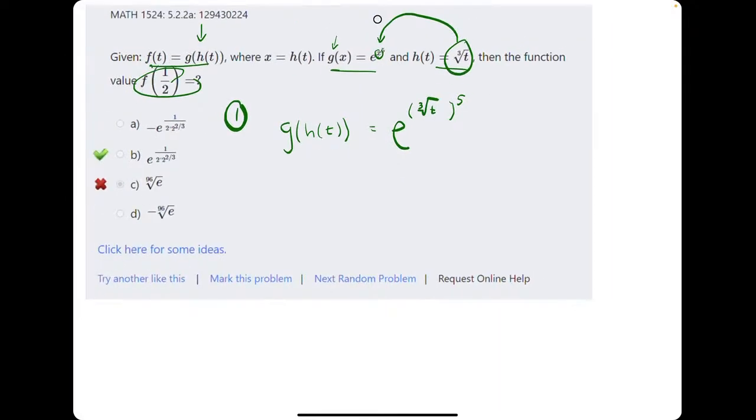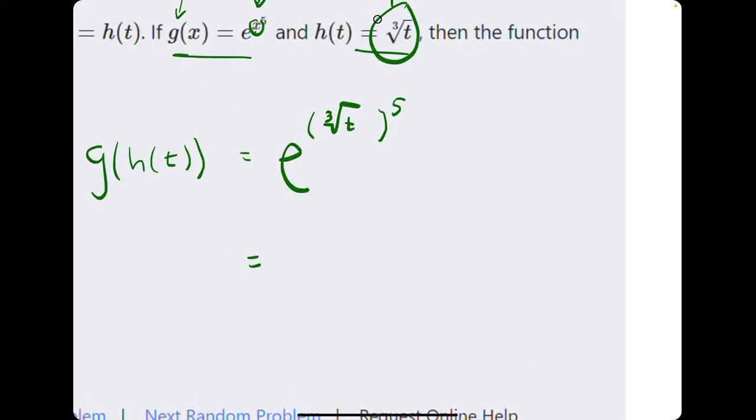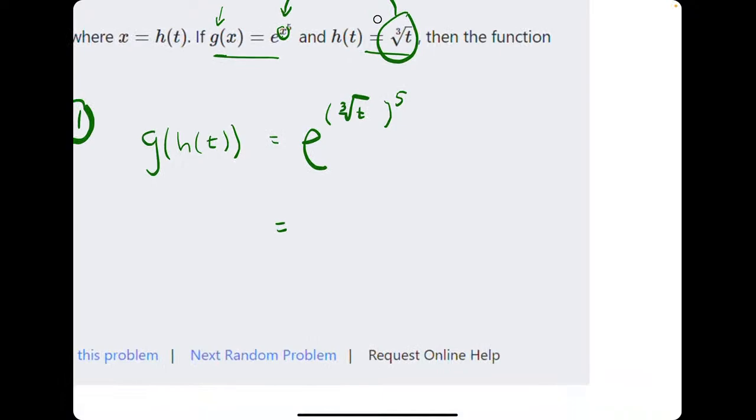So kind of a similar situation, I would recommend going ahead and rewriting that exponent. The cube root would be T to the 1/3, and then all of that is being raised to the 5th. So then 1/3 times 5, we could call that 5/3.